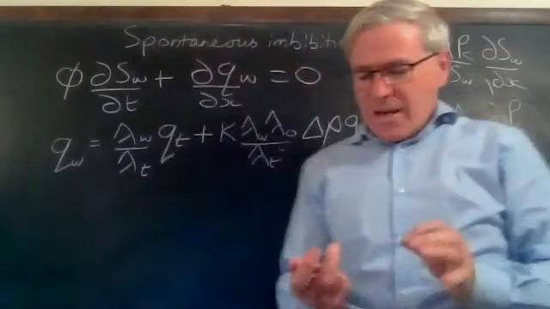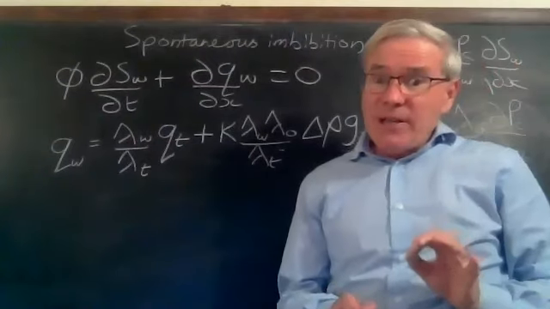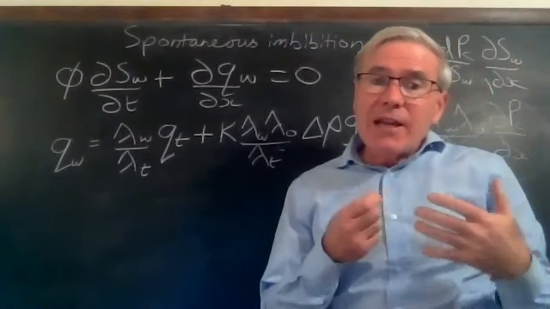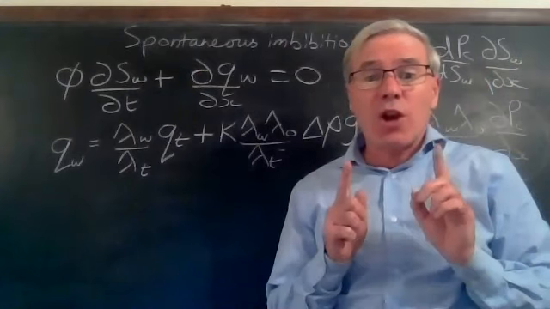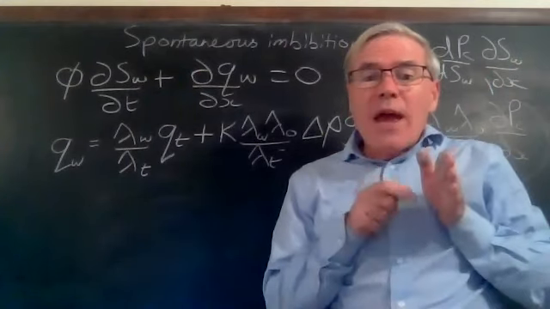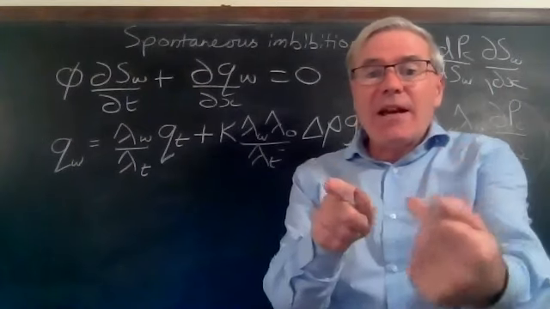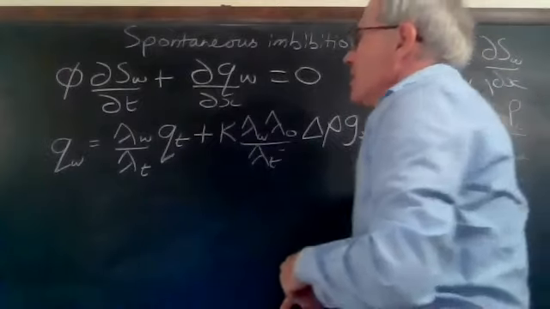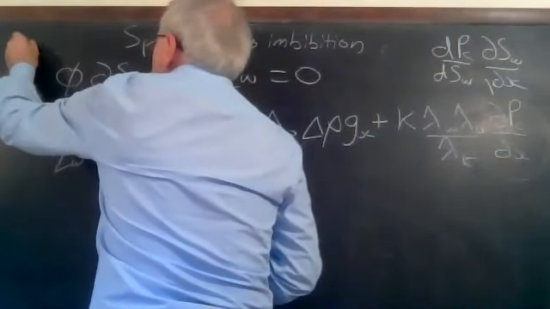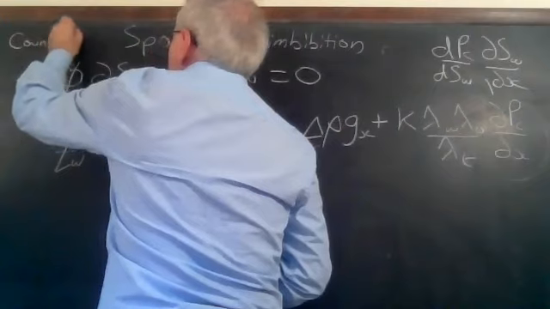Now, when we're looking at spontaneous imbibition, the particular example we're going to look at is strictly called countercurrent, where the water moves in and the oil moves out in an equal and opposite direction. So strictly speaking, this is countercurrent spontaneous imbibition.